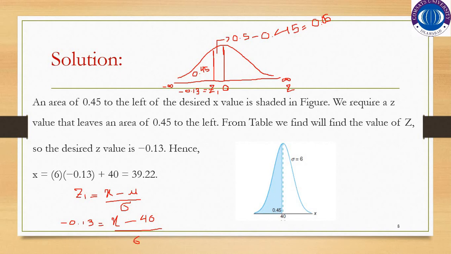By simplifying this, we will get 39.22, which is the point from its left is 45% of the area. So this particular point is 39.22.